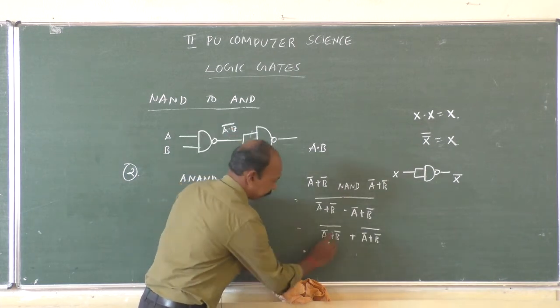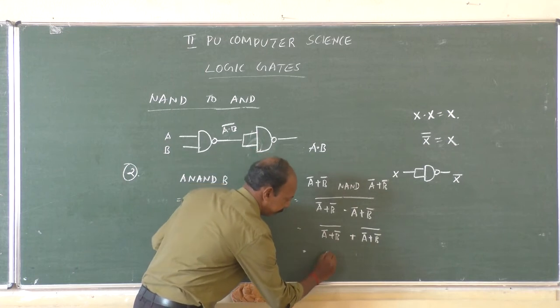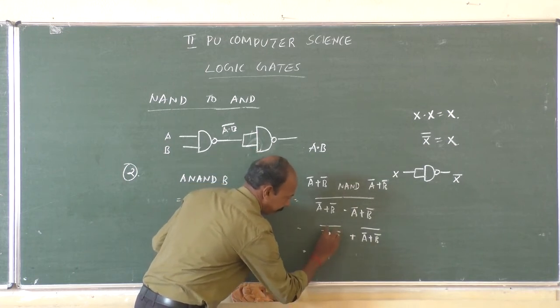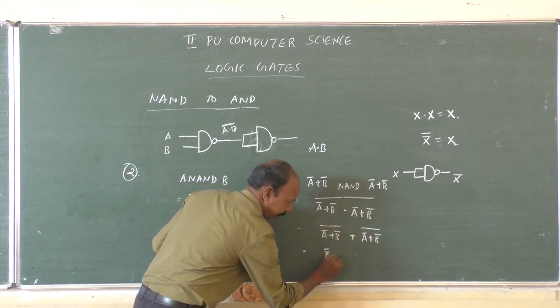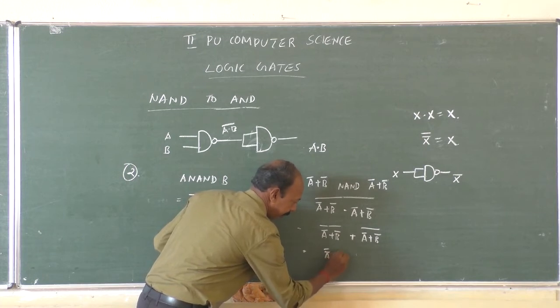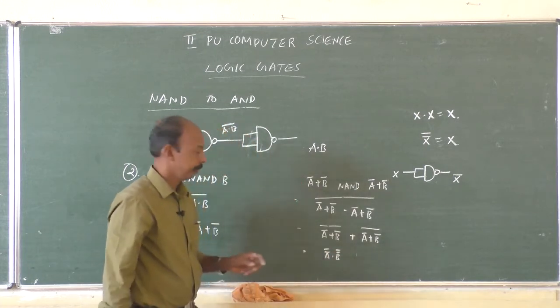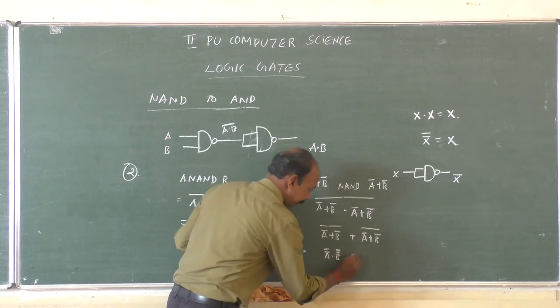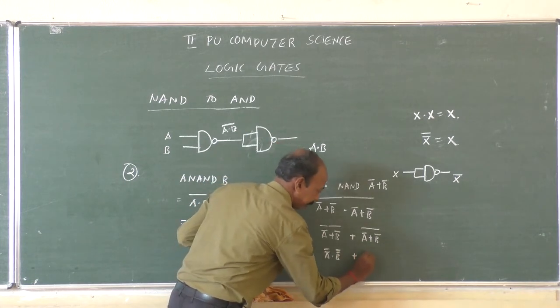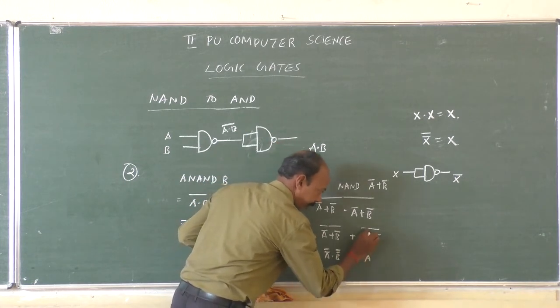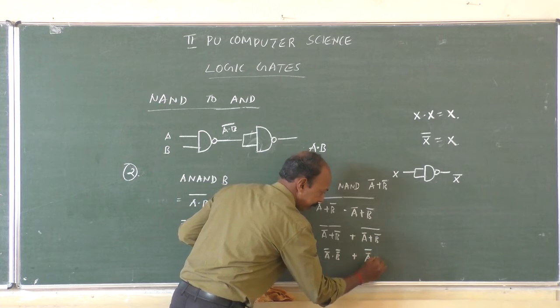Again continue the same. Again break this one, break down this. A bar, again bar, dot B double bar. Already this is plus, write that A bar, break this, bar dot B double bar.